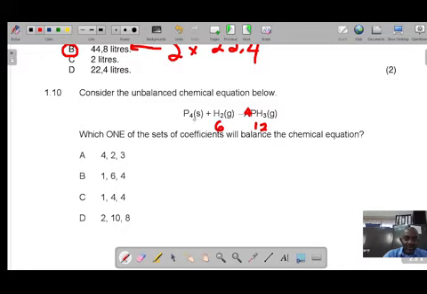This one I didn't multiply, it's just 1. So my coefficients are 1 for the phosphorus, 6 for the hydrogen, and 4 for the product, which makes my answer 1, 6, 4. So the answer is B.